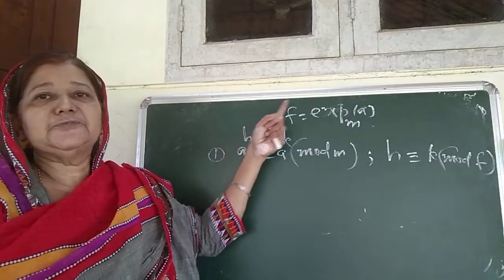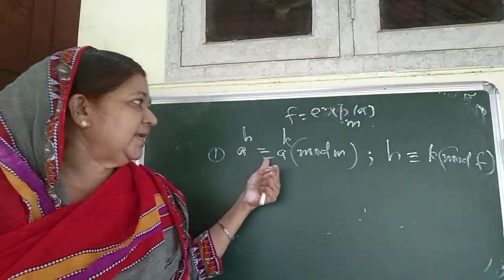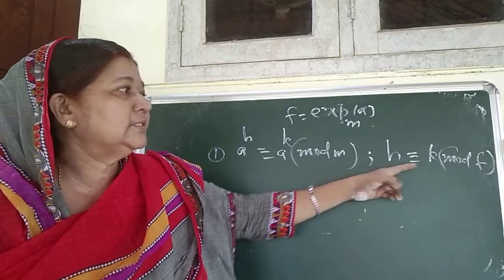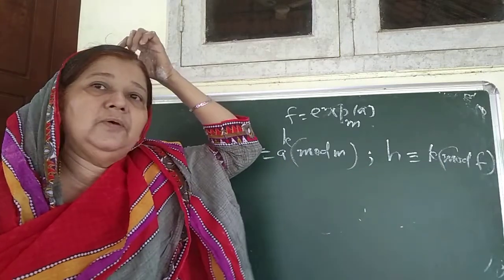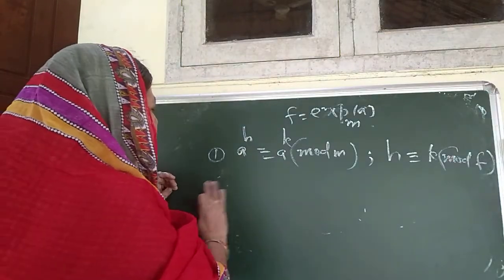The first property states that if a raised to h is congruent to a raised to k modulo m, then h is congruent to k modulo f. The second property we will discuss later.